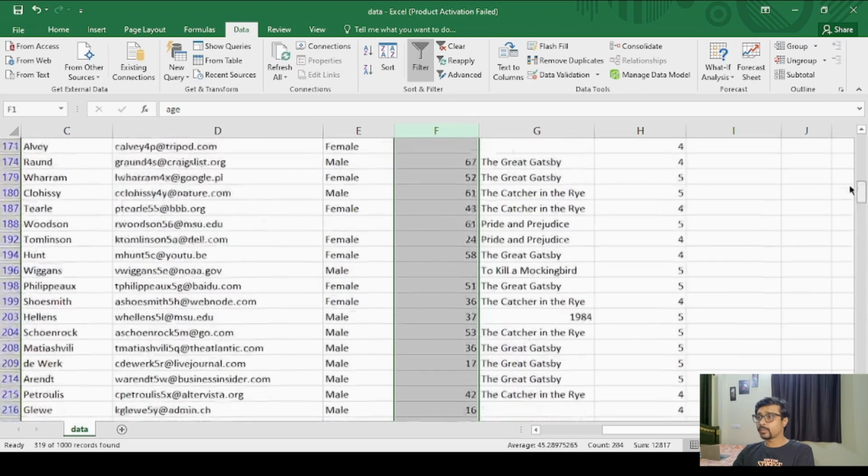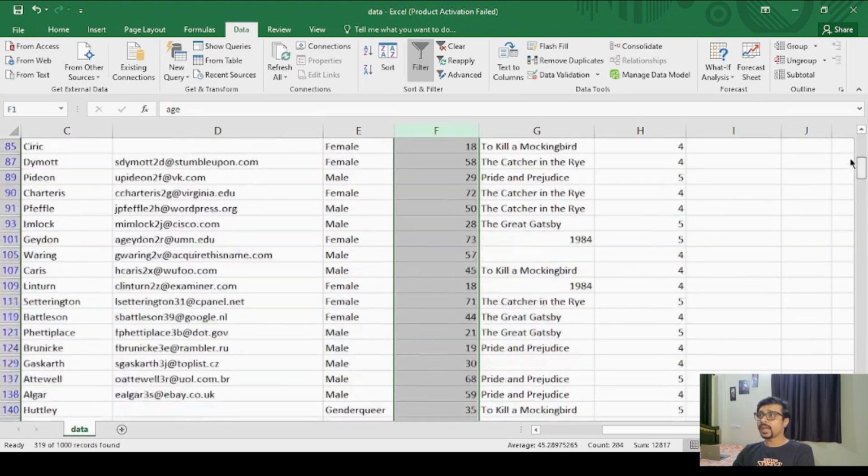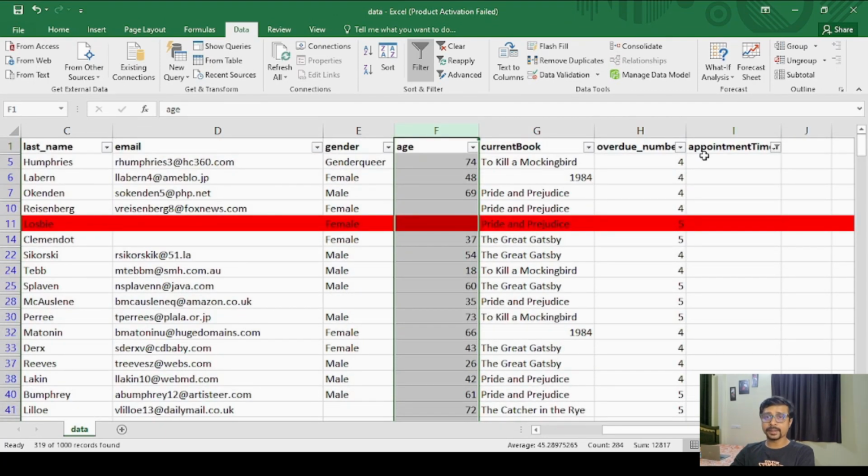They have a huge number of overdue books, and all of them have not filled in the appointment time. So that's the reason: they have more overdue books with them and they don't want to return them, so they are bad users. That's why they have not filled it in. This is an example of your last category, which is called MNAR, missing not at random.